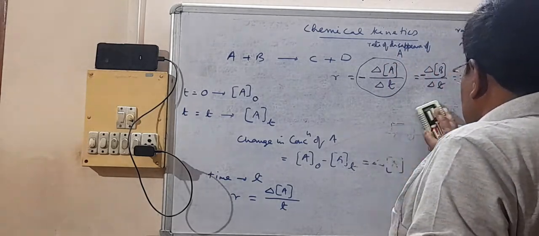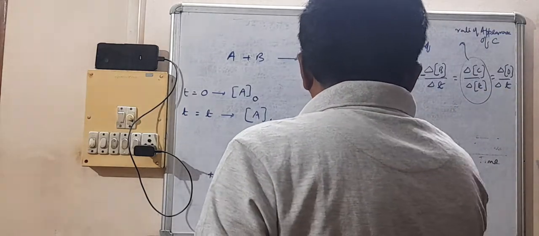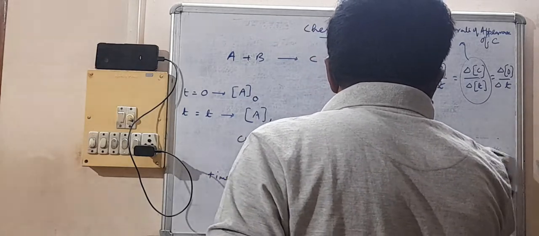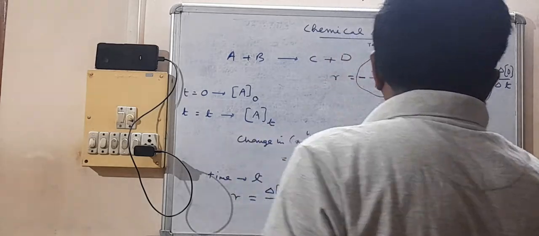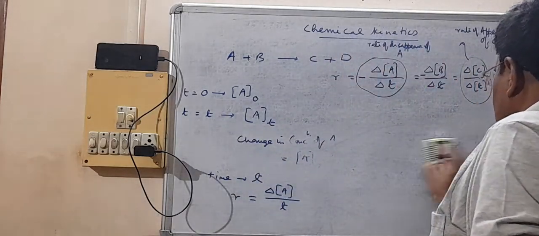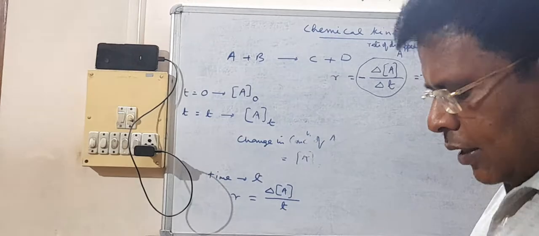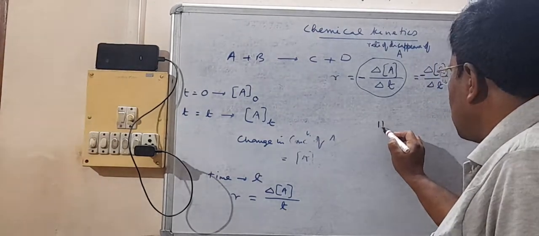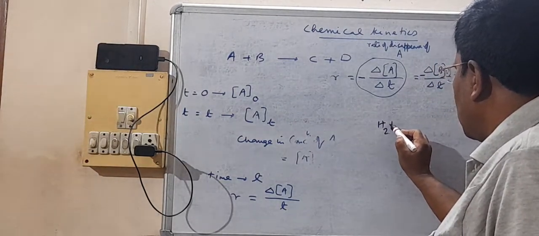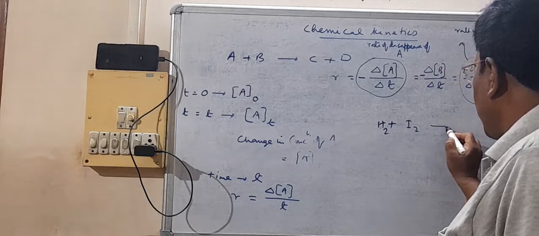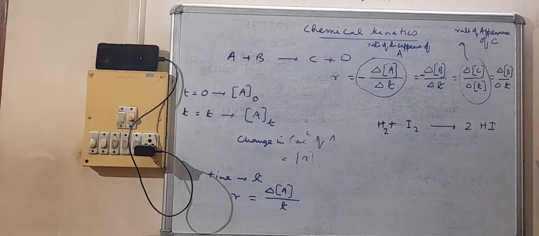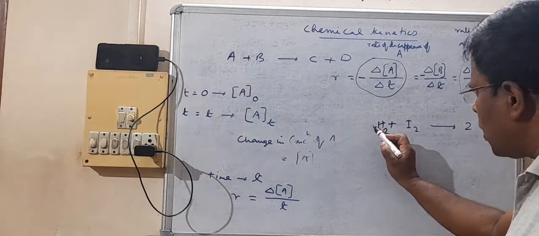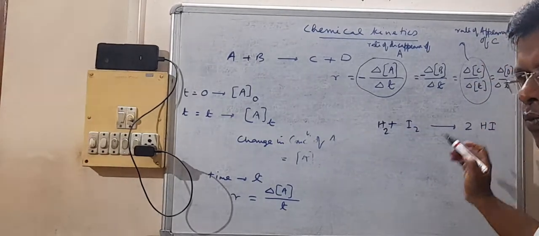So first of all, let me take up a particular case where the coefficients are not the same. Say this reaction, hydrogen plus iodine forms 2HI. So here you see the coefficient is 1, here the coefficient is 2.